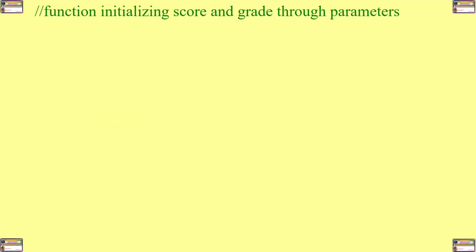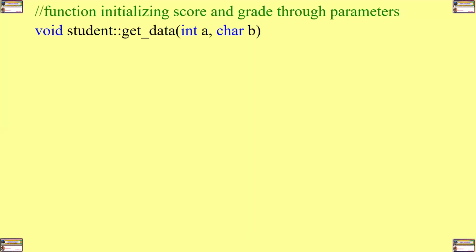So we move on and have our first function, which is initializing score and grade through the use of parameters. Our function is getData. Now, what does this statement mean? If you are told to explain what this statement means, you explain as follows. This statement is the heading of a function definition.